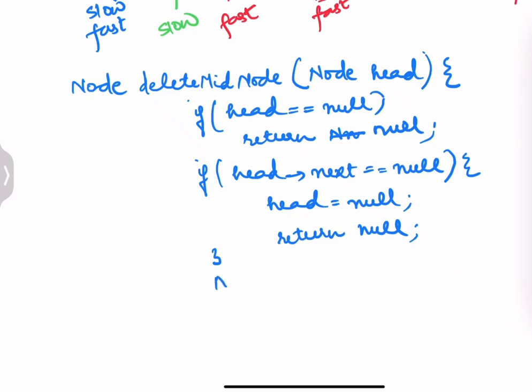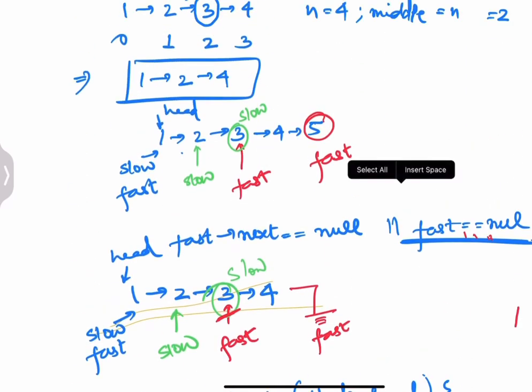So we will be having 2-3 pointers. One would be slow, one would be fast, and one we have to keep as a counter of the previous value, because when you have reached the slow node you want to delete, how will you do that? You will mark 2's next to 4.